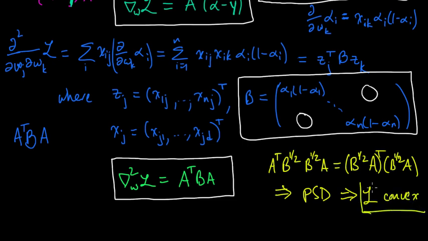So that's a very nice thing. It's not necessarily strictly convex, because the Hessian is not necessarily positive definite, but at least it's convex, and that makes it a prime candidate for optimization methods.